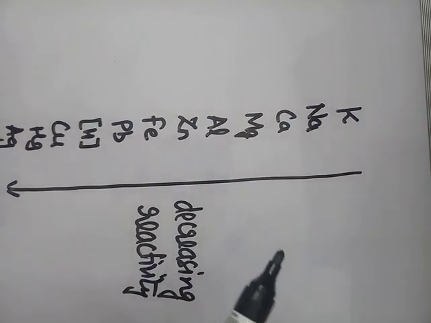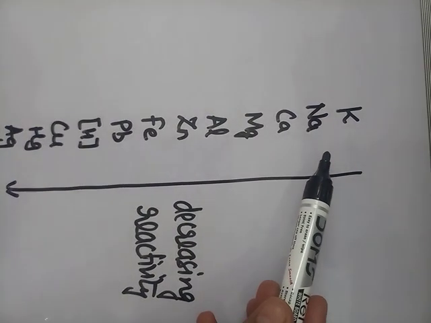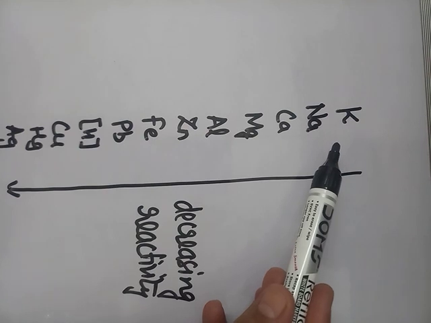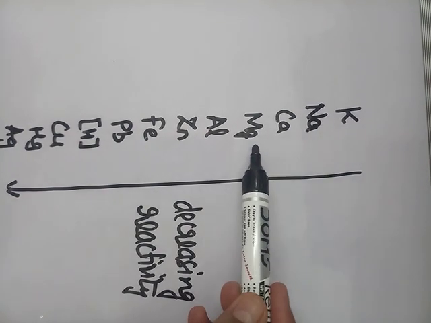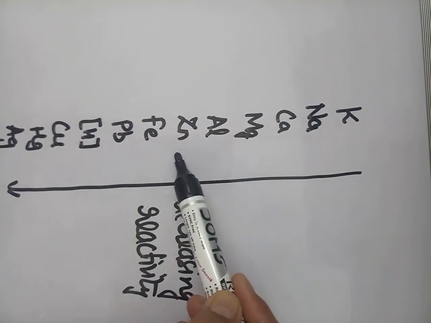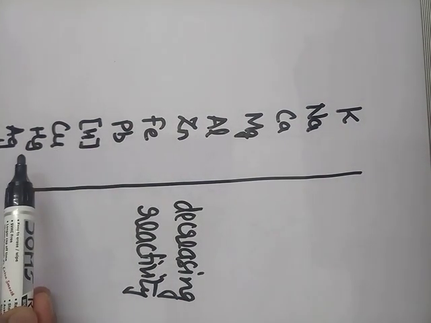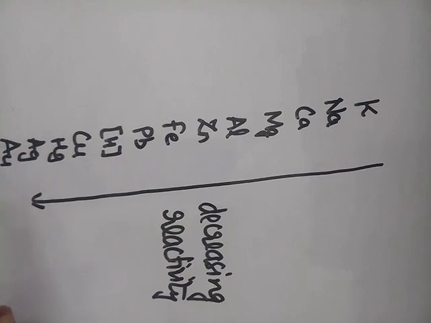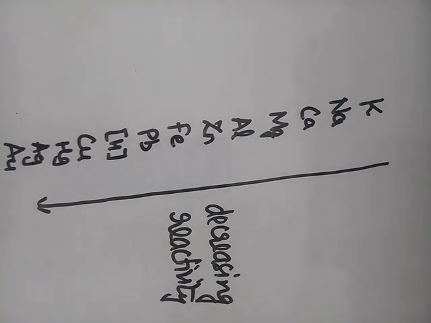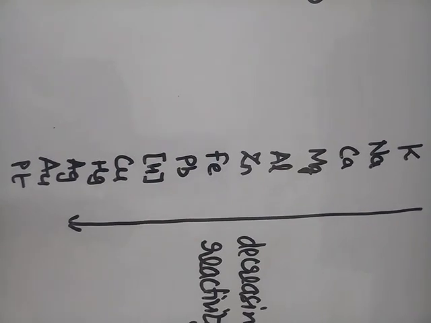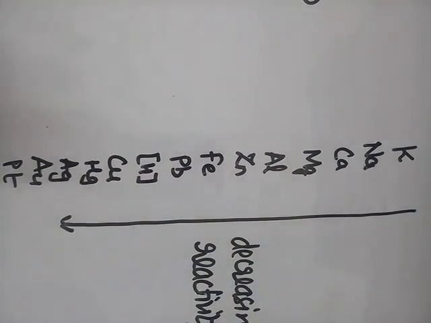Here you can see that I have written the most commonly used metals like potassium, sodium, calcium, magnesium, aluminum, zinc, iron, lead, hydrogen, copper, mercury, silver, gold and platinum. So these are a few metals which are shown in the series.